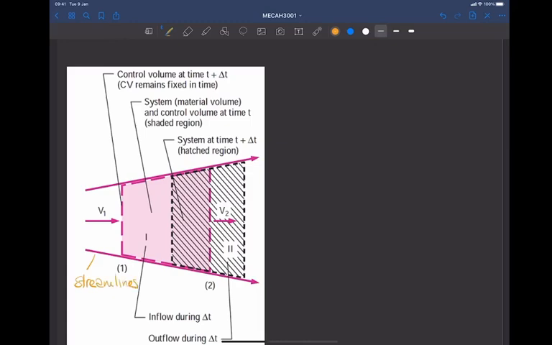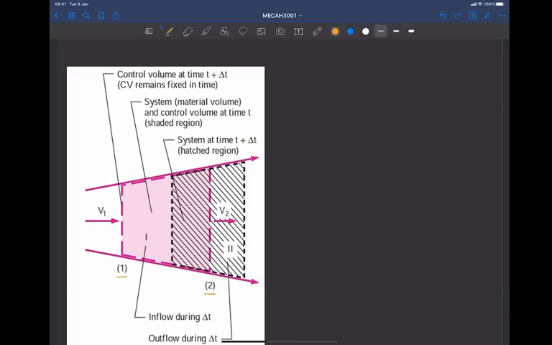At each cross section between these two streamlines the flow is uniform. In particular, we consider a section 1 and 2 here that define our control volume.